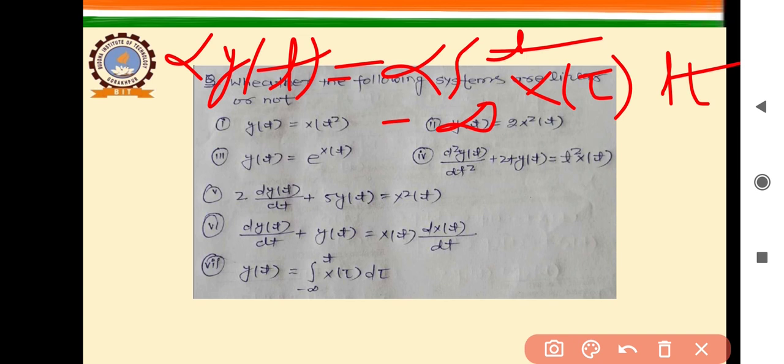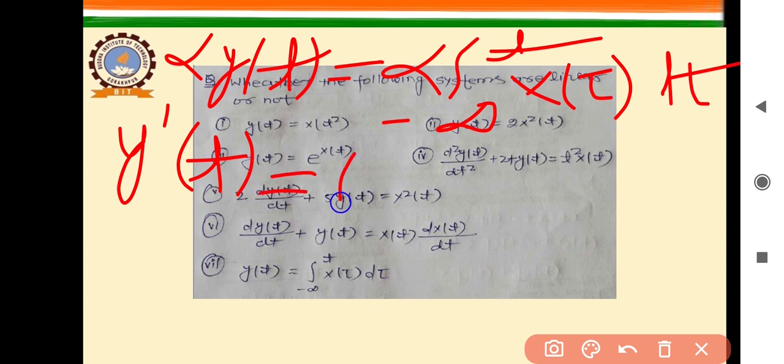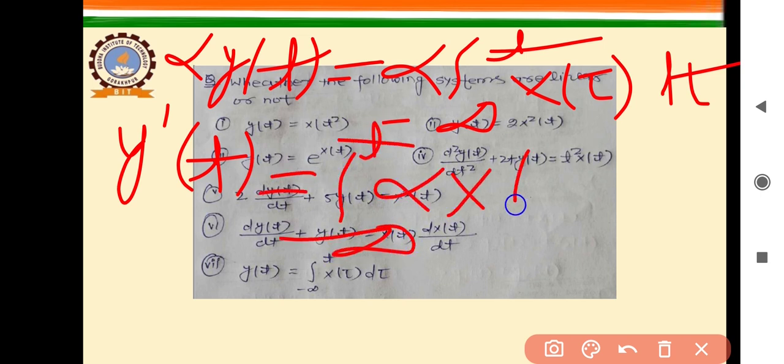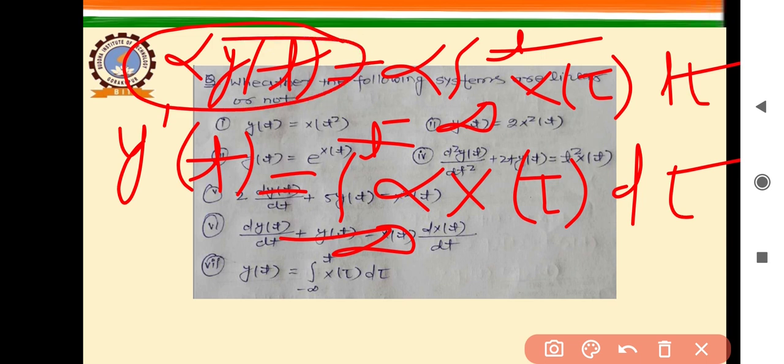Then suppose the output is y dash t, it is equal to the integral from minus infinity to t of alpha times x tau d tau. Both the equations are the same, meaning alpha y t is equal to y dash t. It means that the given system follows the law of homogeneity also. Because this system follows both laws, the given system is a linear system.